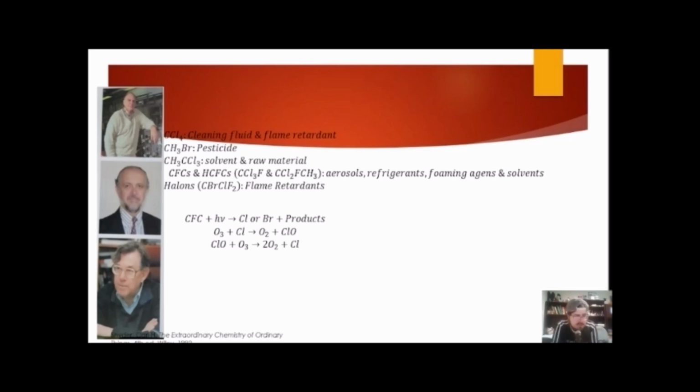Now, this process was recognized in 1974 by Sherwood Rowland and Mario Molina, the top and middle pictures. They shared the 1995 Nobel Prize with Paul Crutzen, who showed in 1970 that nitrogen monoxide can decompose ozone catalytically as well.